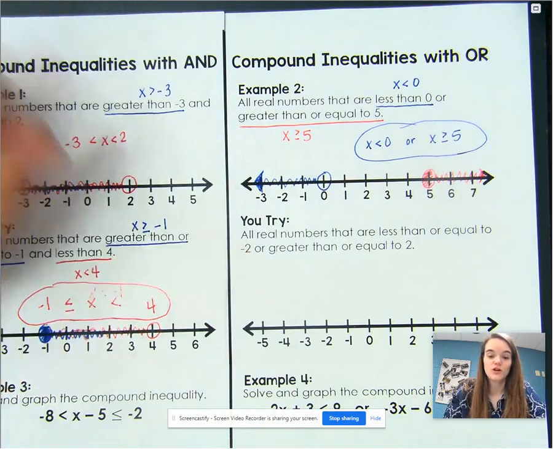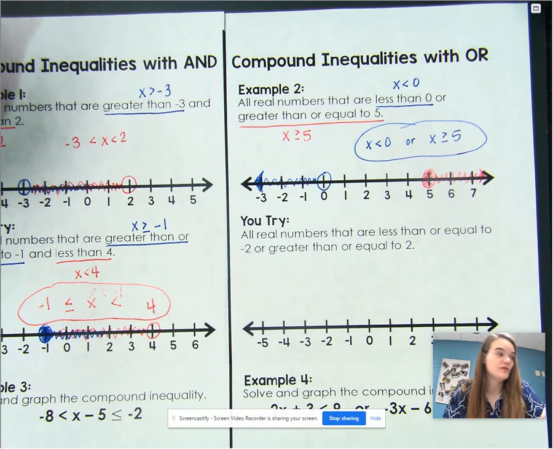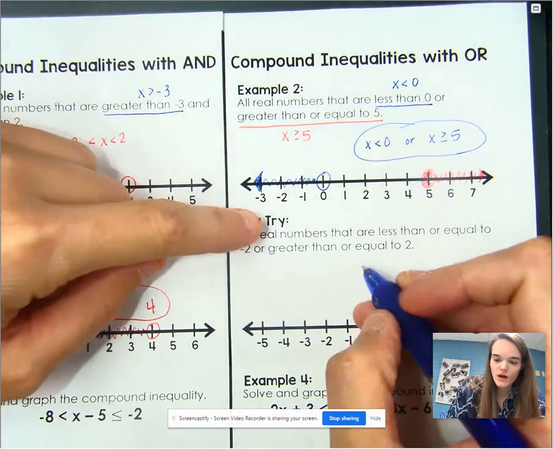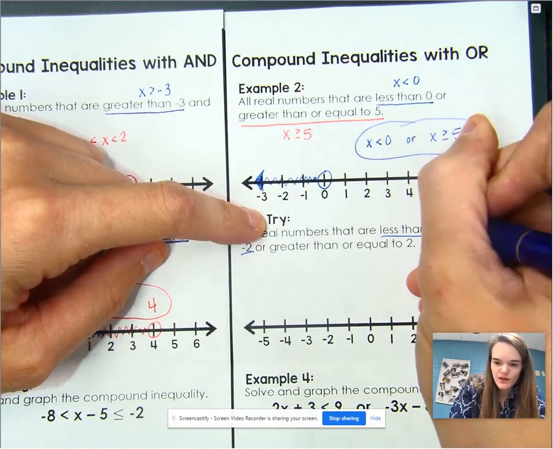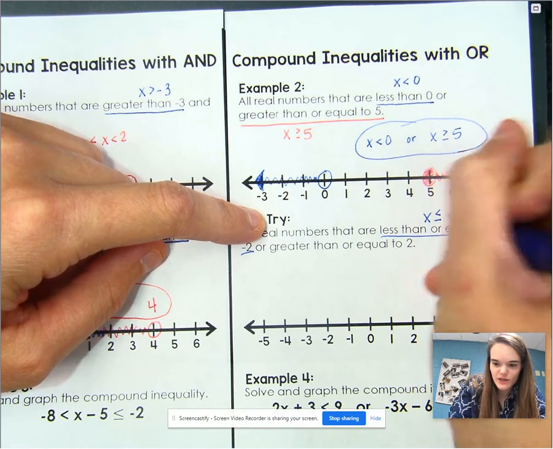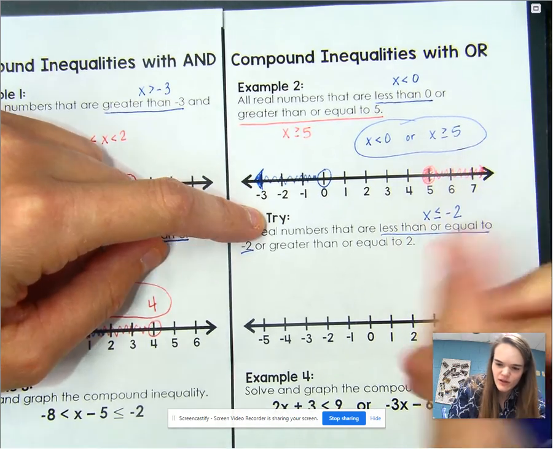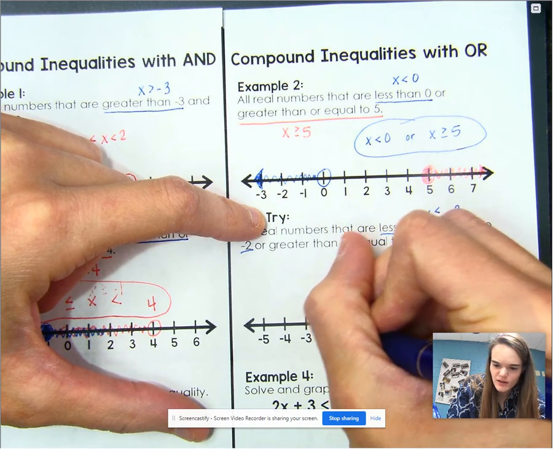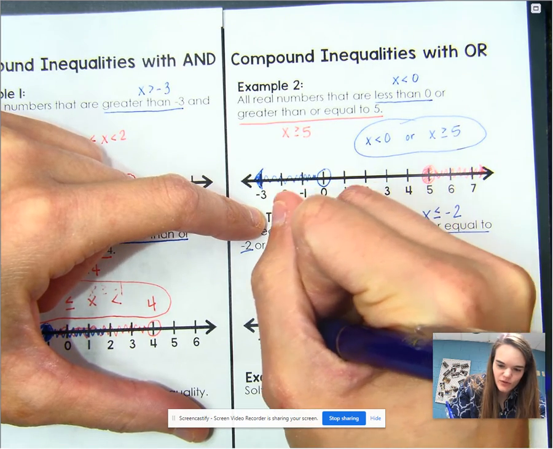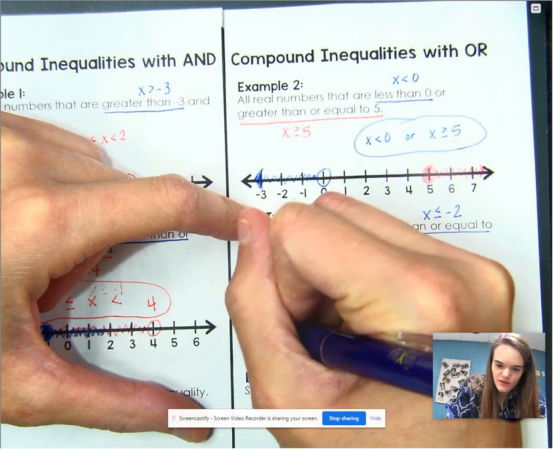This one says you try, so I want you to pause the video and try it. All real numbers that are less than or equal to -2. X is less than or equal to -2. -2, shaded in, less than or equal to, so less than is this way.